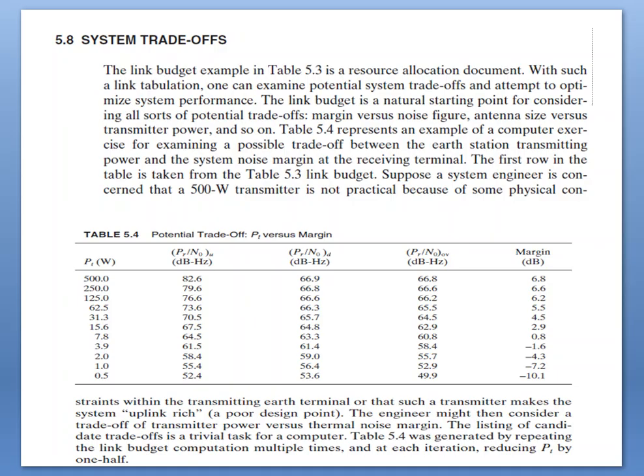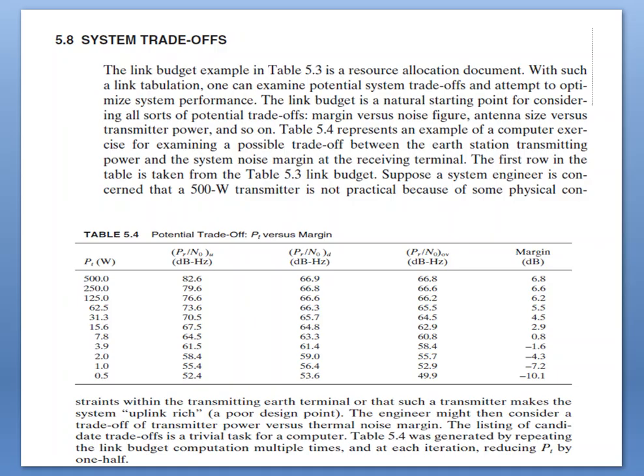Here the table represents an example of a computer exercise for examining a possible trade-off in the earth station transmitting power and the system noise margin at the receiving antenna terminal. The first row of the table above indicates the link budget.